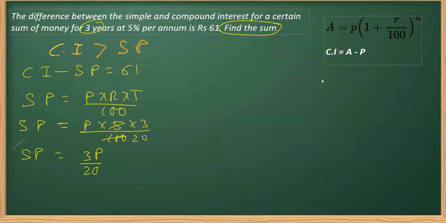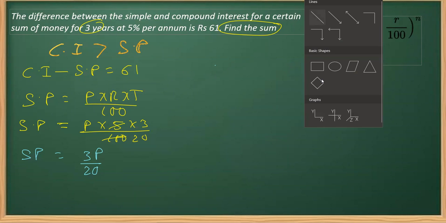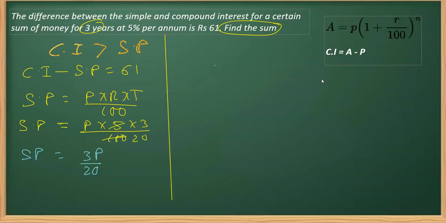So simple interest we have already calculated. Now if I calculate the compound interest, we should know that in order to get the compound interest, we need to first calculate the amount, and the formula for calculating amount is this. So we'll be calculating the amount first and then the compound interest.